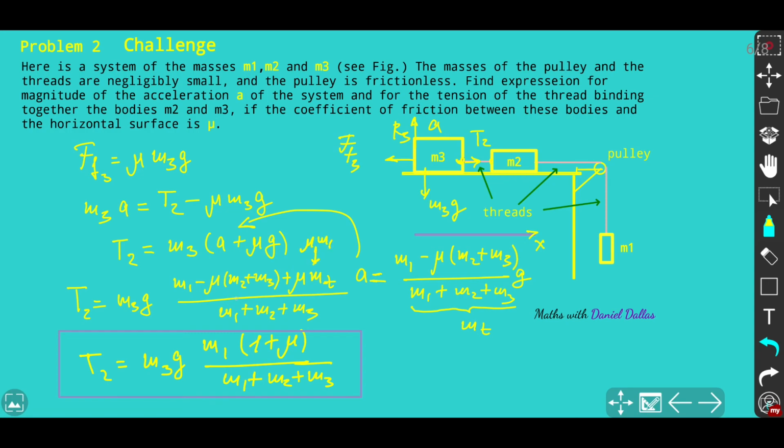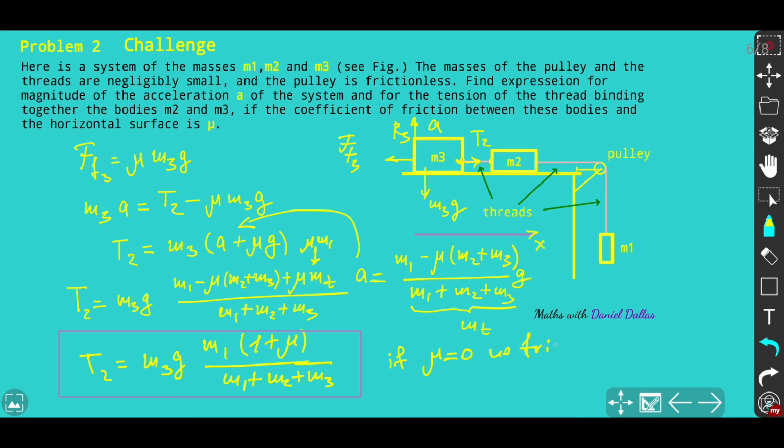Okay, and as you understand, let's analyze a bit more: if mu is equal to 0, so no friction, what will happen with the tension force?